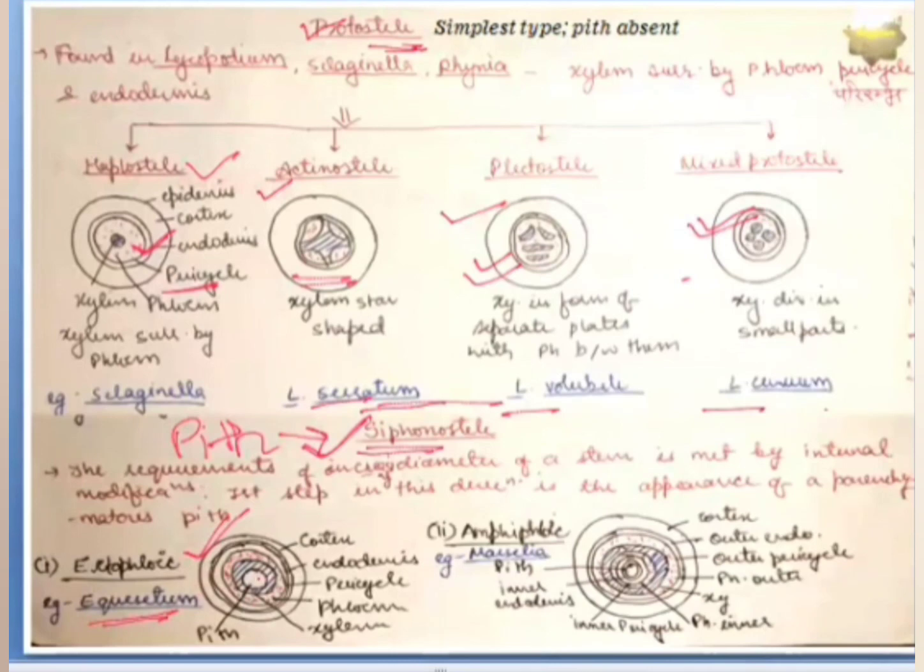Ectophloic siphonostele means the ring of xylem is surrounded by phloem on the outside, followed by the pericycle and the endodermis. Whereas in amphiphloic siphonostele, the xylem is surrounded by phloem on the inside as well as the outside, followed by the pericycle and the endodermis.